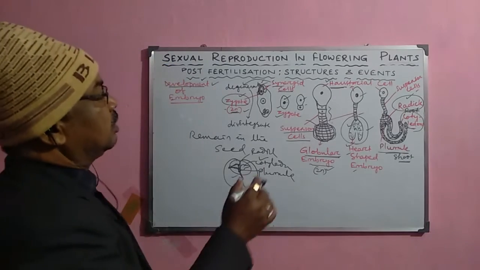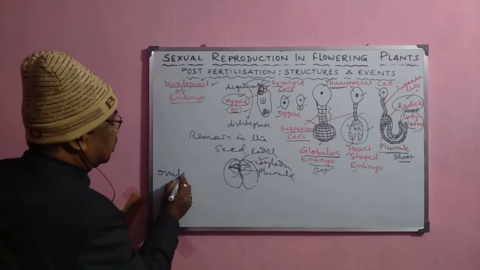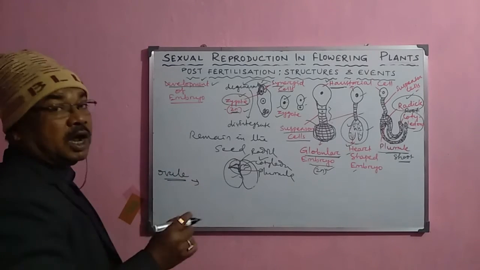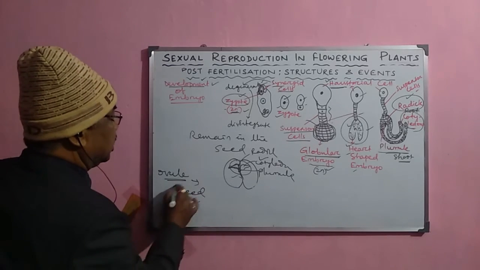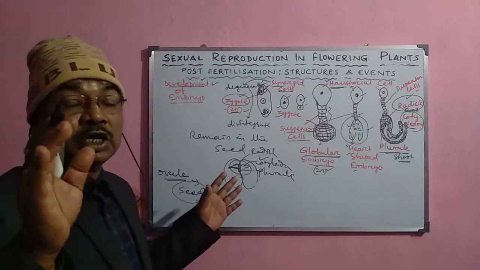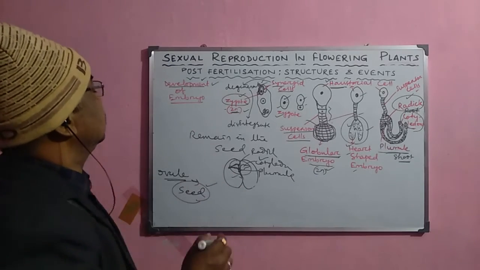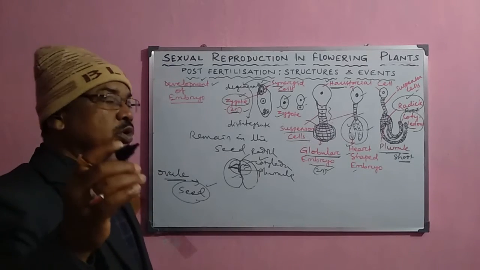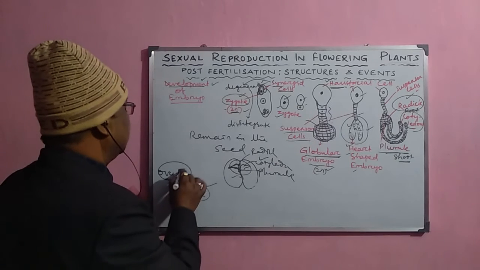Now, after the development of the embryo, the ovule of the female part of the flower actually develops into the seed. As we have already studied, the integument develops into the seed coat, and the micropyle develops into the seed pore, etc. That is why the seed is developed from the ovule.